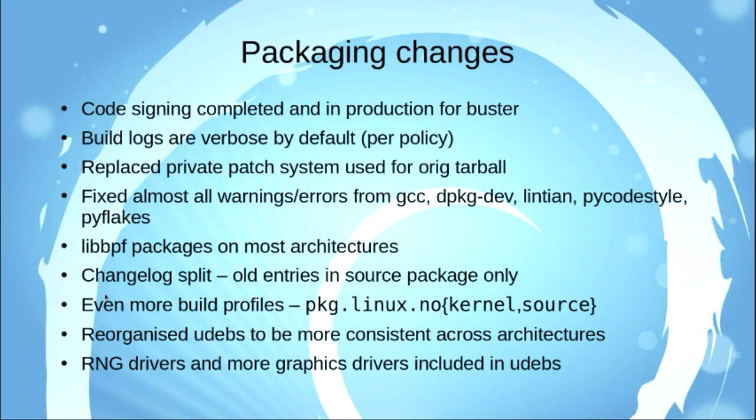That's available on most Debian architectures. The changelog has been split, so older entries that predate the last stable release will only be in the source package. This is important because some of our binary packages are actually quite small, and the changelog was taking up most of the disk space that package occupied.